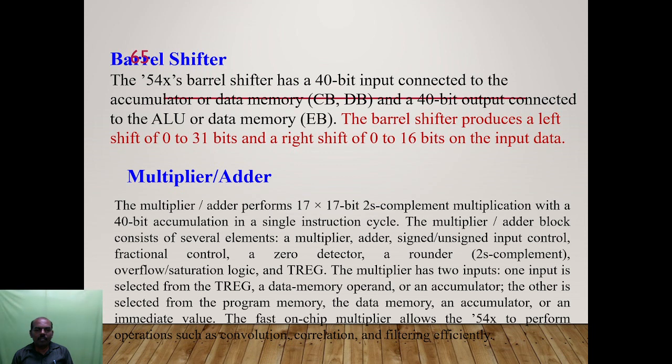The multiplier adder block consists of several elements: multiplier, adder, signed, unsigned, input control, fraction control, zero detector, rounder, overflow, and T register. The multiplier has two inputs. One input is selected from the T register, a data memory operand, or an accumulator. The other is selected from the program memory, the data memory, or an accumulator as an immediate value.